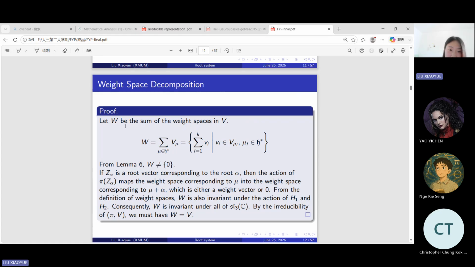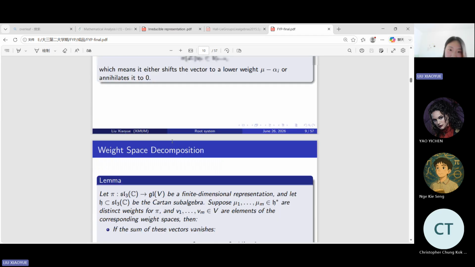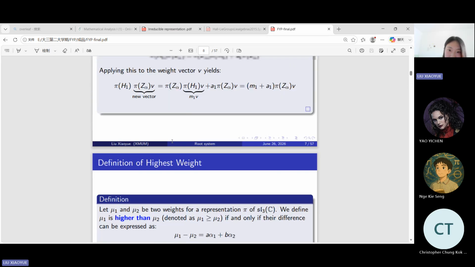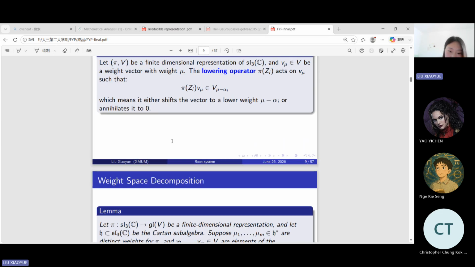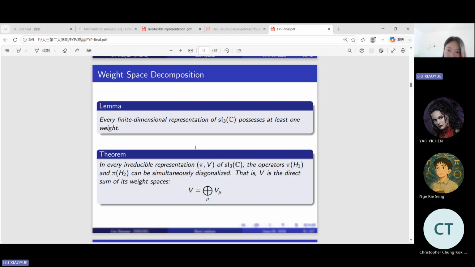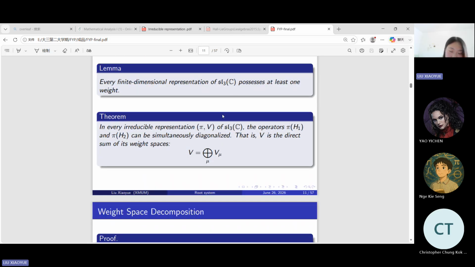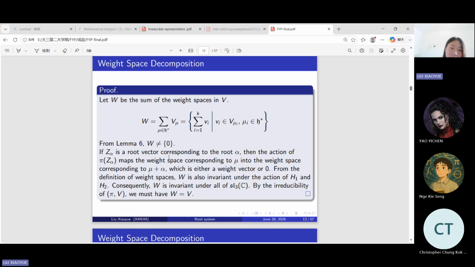Firstly, we define W as the sum of the weight spaces in V. Since we have introduced that every finite dimensional representation of SL3 has at least one weight, W must not be an empty set.